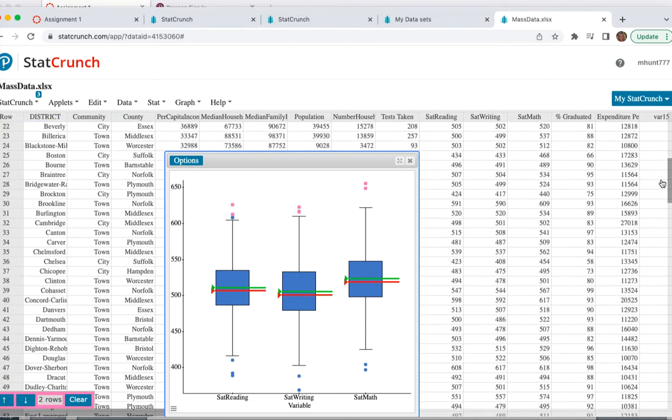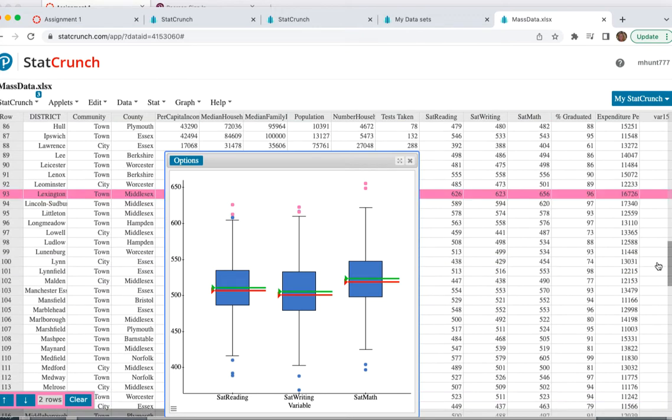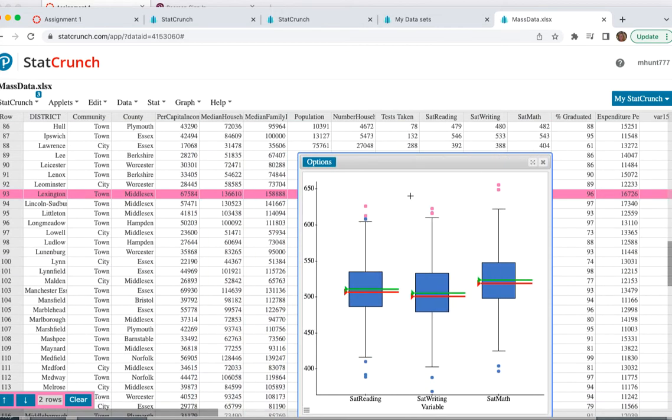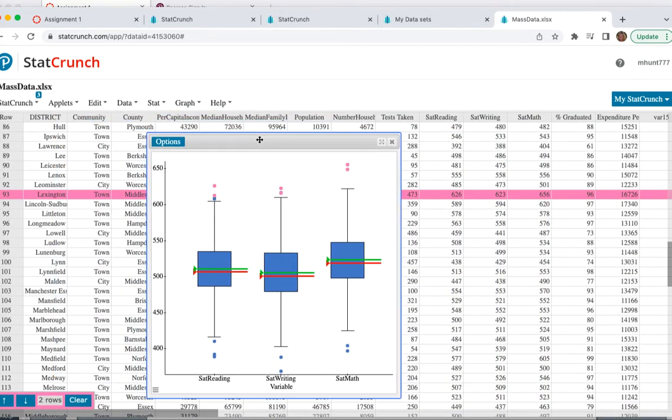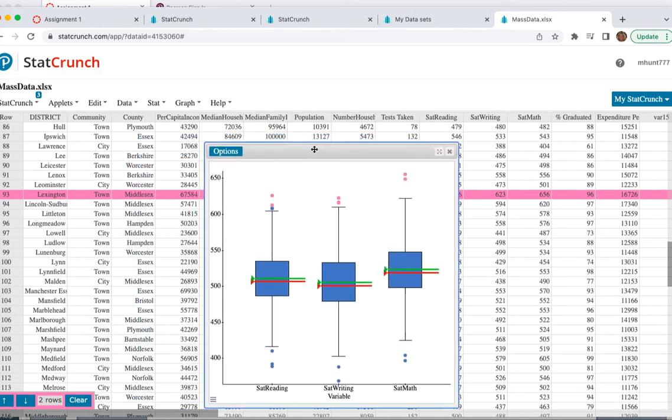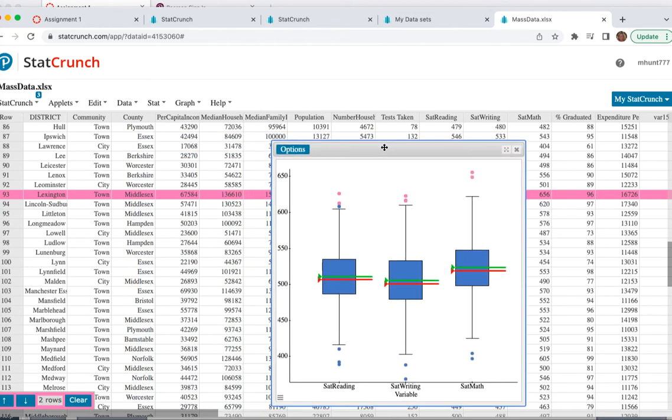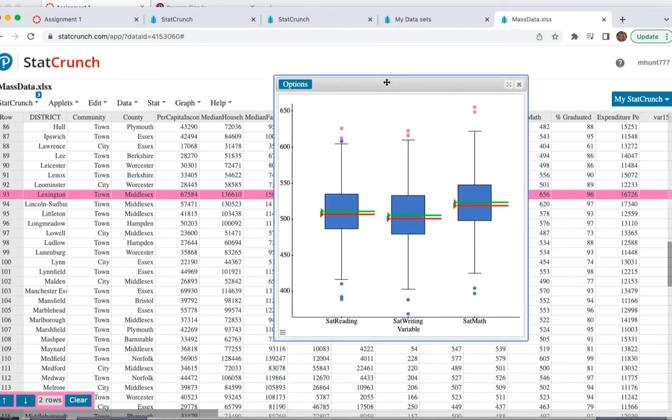I would scoot down and I would find the other high outlier is Lexington, which is also a town, with an SAT math of 656. Cool. So now we want to clear those after we have written down that the school system, whether it's a city or town, and what the math SAT score is.